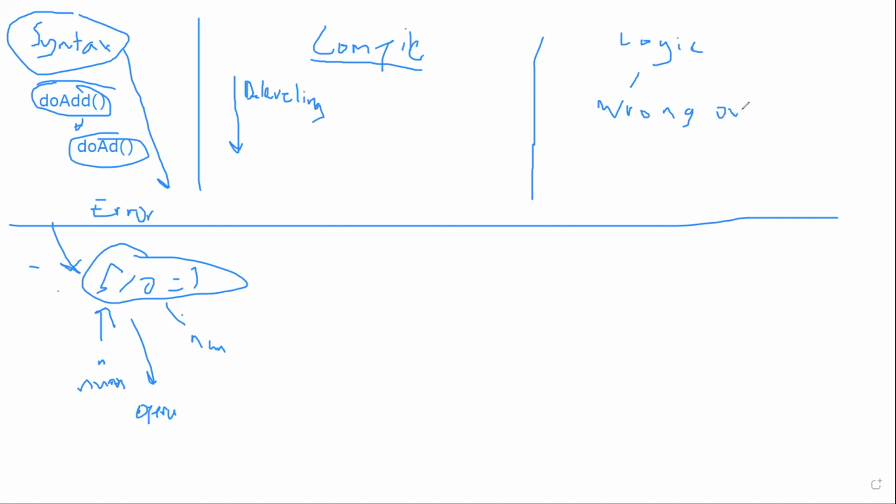That would be an example of a logic error, where somehow you wrote some code that led to incorrect logic. One thing you have to understand about computers is that they always do exactly what you tell them to do, not what you want them to do. Unlike humans, we can get our intention across. The computer doesn't understand intention, so it will take exactly what you say and write it down.